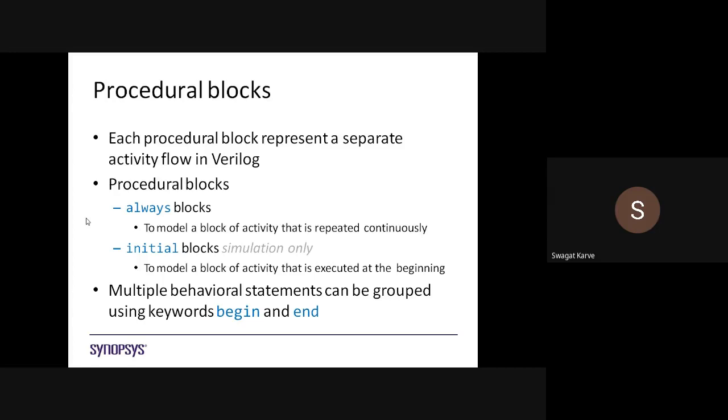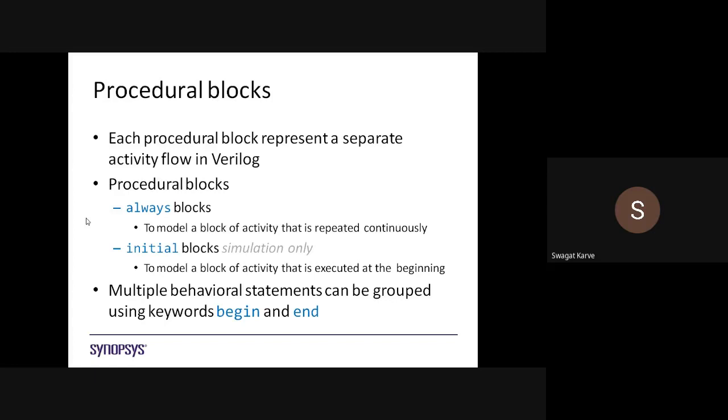So always and initial are the procedural blocks, and procedural blocks represent a separate activity flow in Verilog. The always block is used to model a block of activity that is repeated continuously. The initial block, which we use in the simulation part only, is used to model a block of activity that is executed at the beginning.